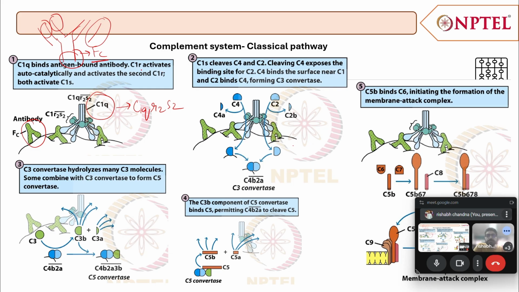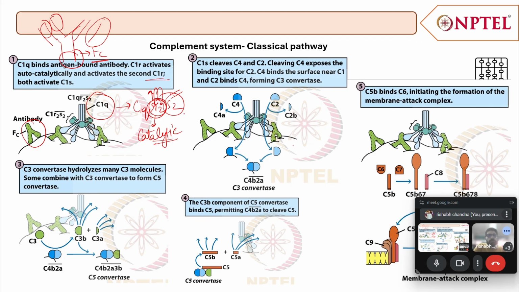Now what happens? The C1r activates autocatalytically. The C1r domain has a catalytic domain, that means it has an active site and it can auto-activate itself. So it auto-activates itself and the second R unit, and when both R units are activated, they activate the S units.